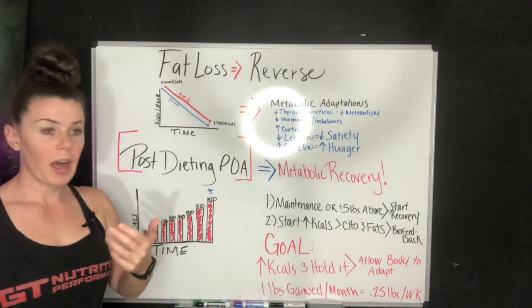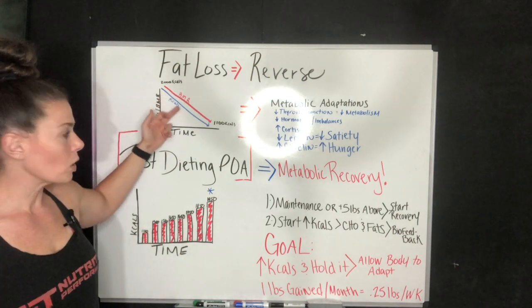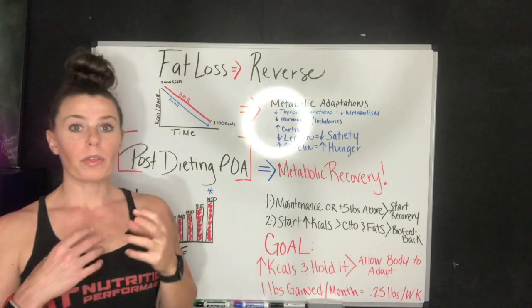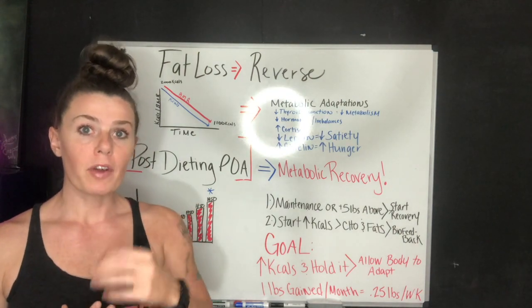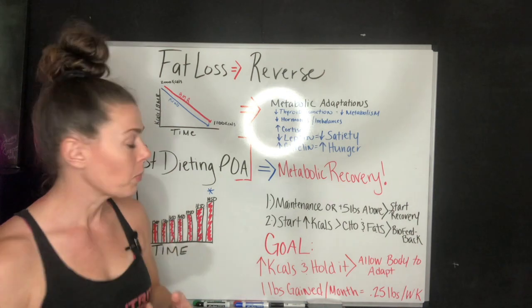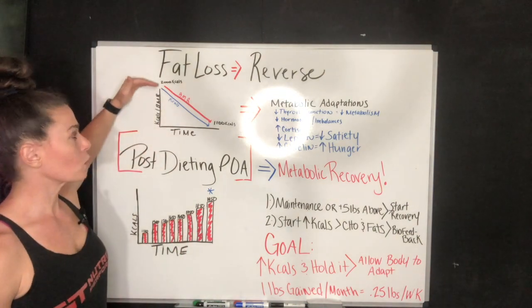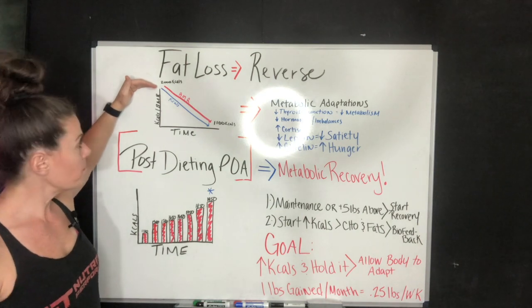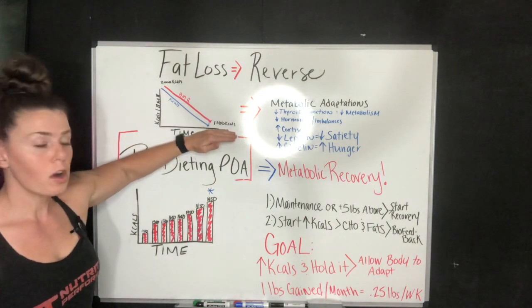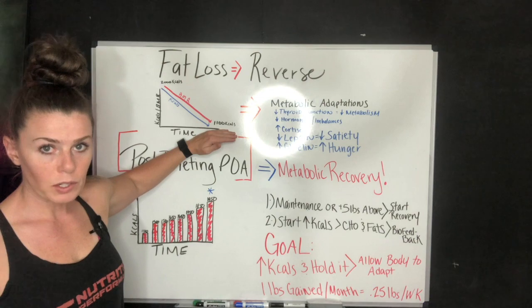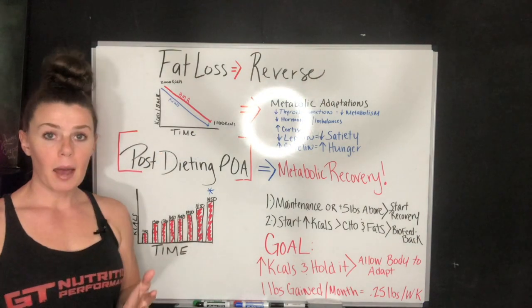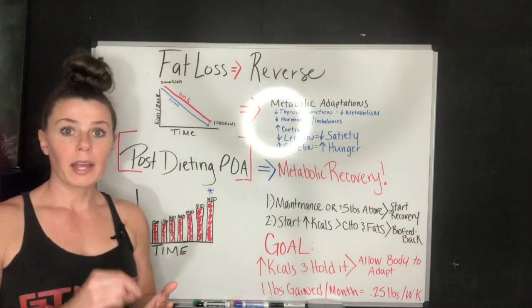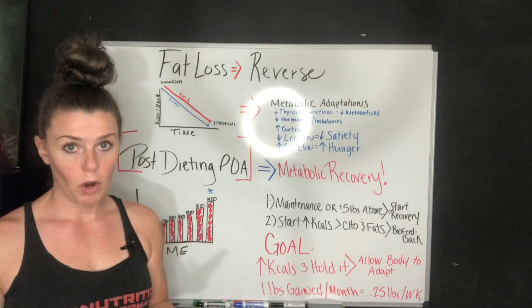And because of that, calories are going to drop to help with compensation of the metabolism dropping. So even though this person started off on 2,000 calories within their diet, they're ending their fat loss on 1,100 calories, because with time, metabolism drops, therefore calories are going to have to drop.